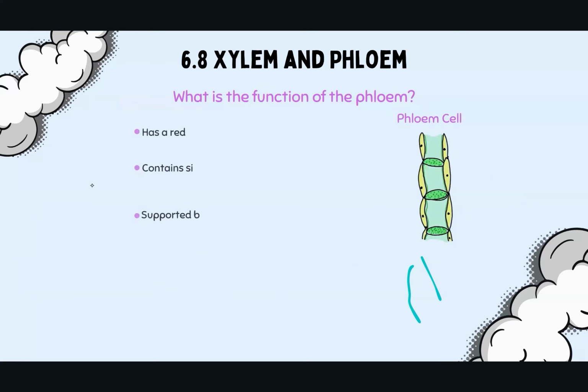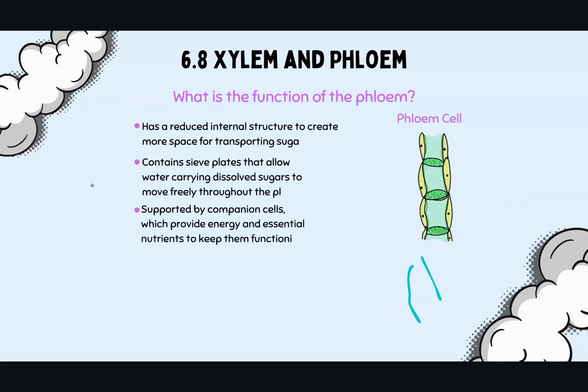Okay, what is the function of the phloem? So it has reduced internal structure to create more space for transporting sugars. It contains sieve plates that allow water-carrying dissolved sugars to move freely through the plant, and it's supported by companion cells which provide energy and essential nutrients to keep them functioning. So what happens is, in the leaves, due to photosynthesis, glucose is made.